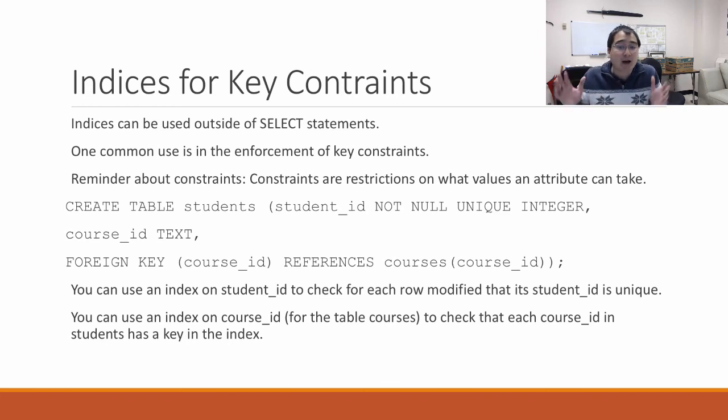And so how do I check to make sure that I don't have duplicates? Well, the easiest way is to have an index on the particular column that's under the constraint, so that it's very easy to do a lookup and find whether I have a duplicate. If I don't have an index, I have to check every row in my table to make sure there's no duplicate there.